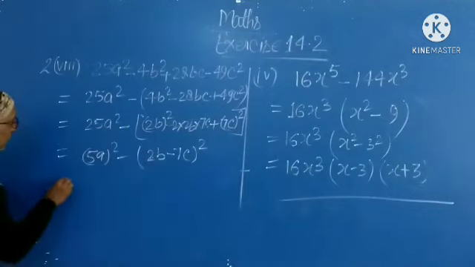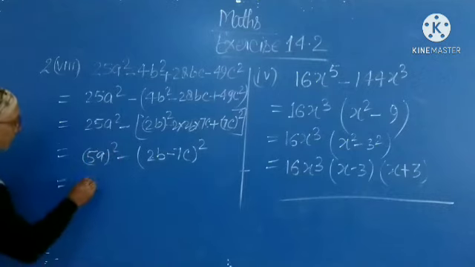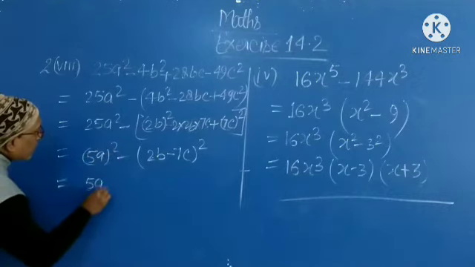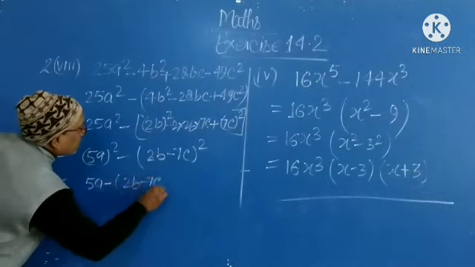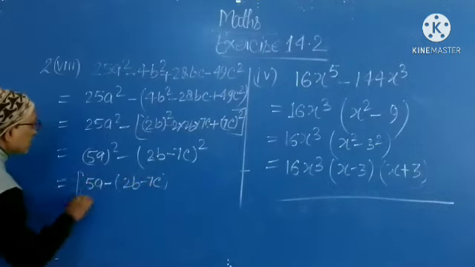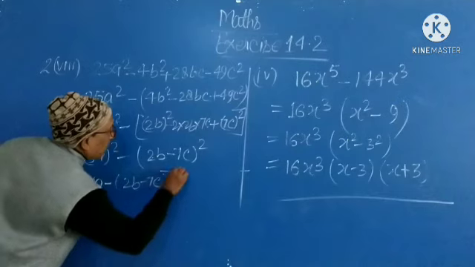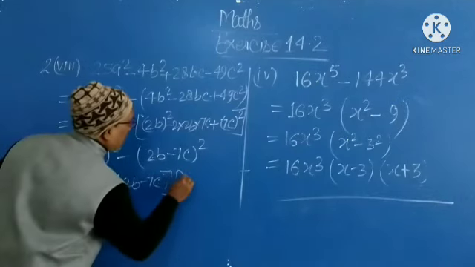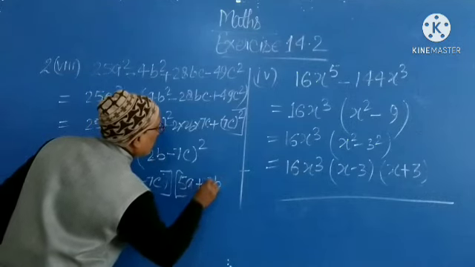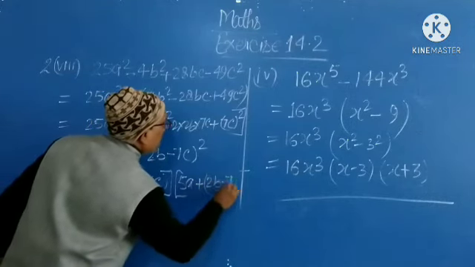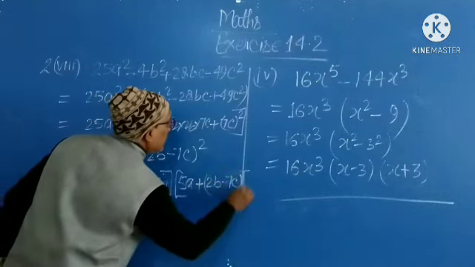In the first bracket you write a minus b. This means 5a minus (2b minus 7c). This is in the first bracket. In the second bracket you write 5a plus (2b minus 7c).